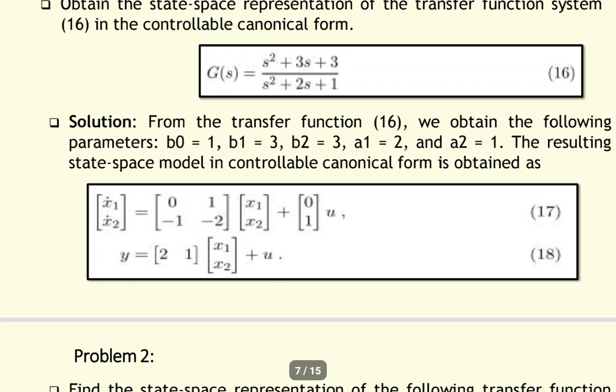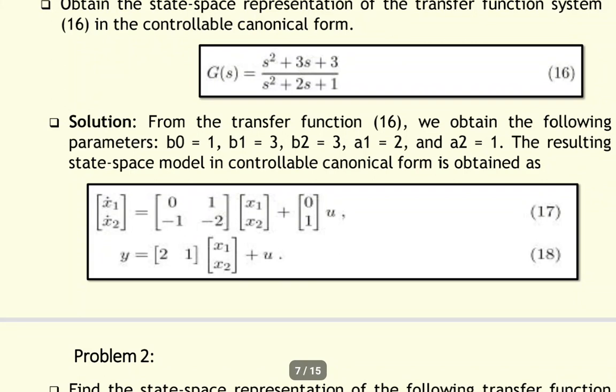Similarly, in the denominator, the highest power, s square, has coefficient a0, which is 1, and a1 is 2 and a2 is 1. That means all these values are available. a0 is not needed here.